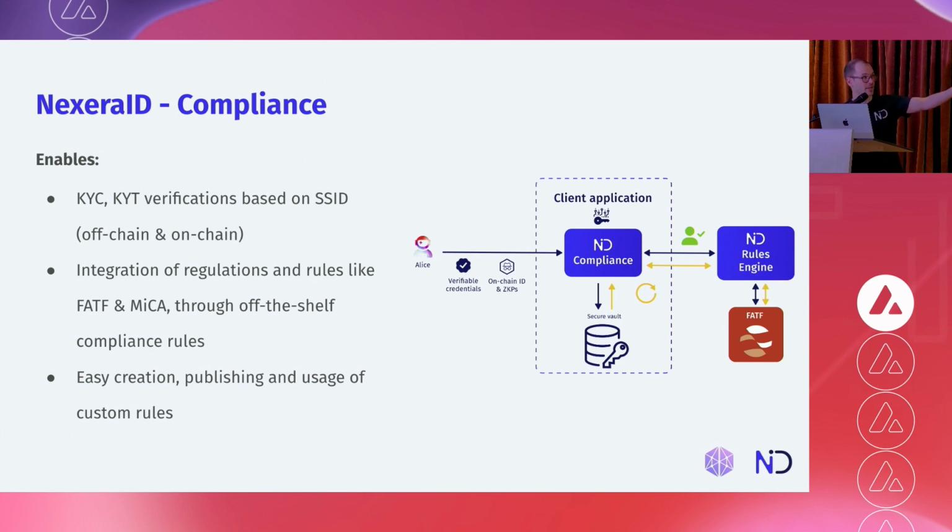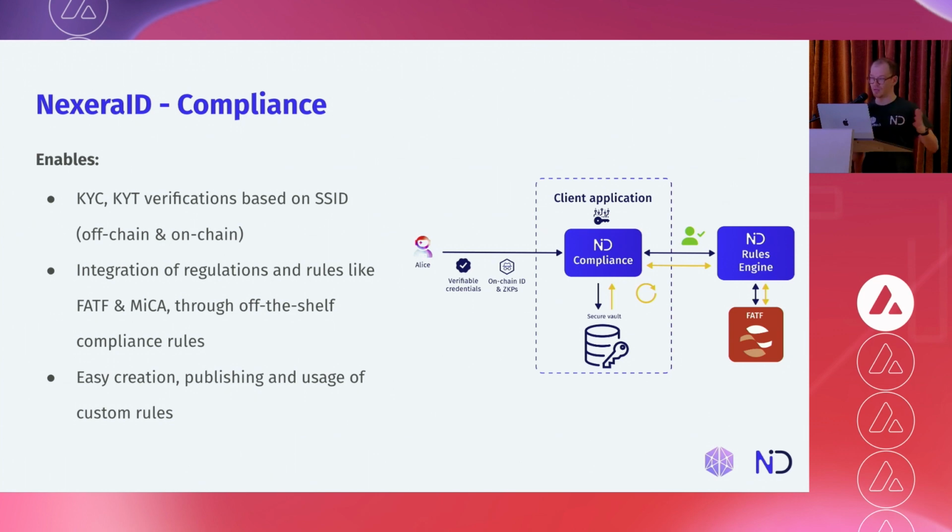And the data gets submitted to the application, and our compliance SDK forwards it to our rule engine, which is able to verify that information against a set of rules and rule templates that match a regulatory compliance that are of interest for the company.